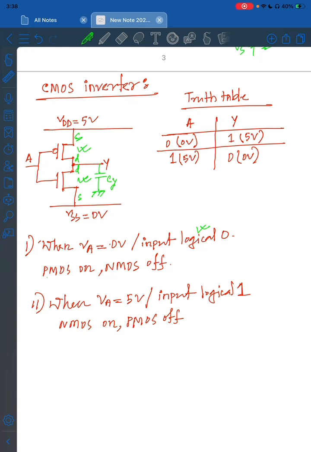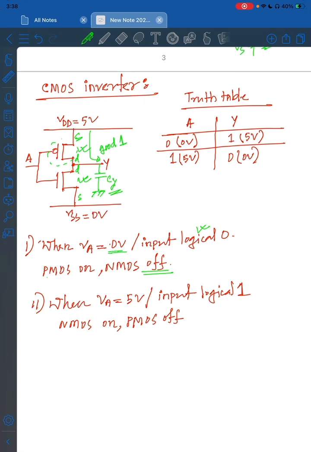the PMOS will turn on and it will pass the good 1 to the Y terminal, and CY will get charged to 5 volt and we will get output 1 at the Y terminal. And in this case, the NMOS will be off because VA is equal to 0 volt.